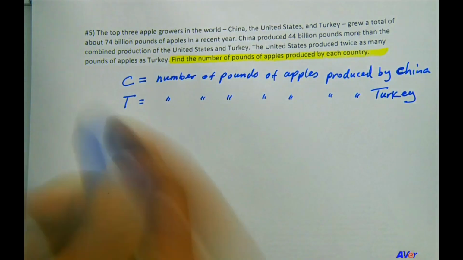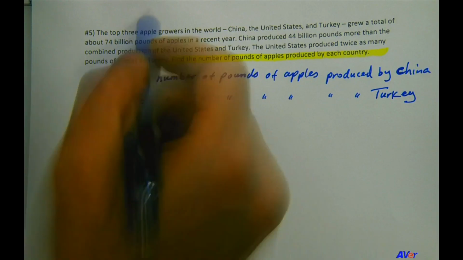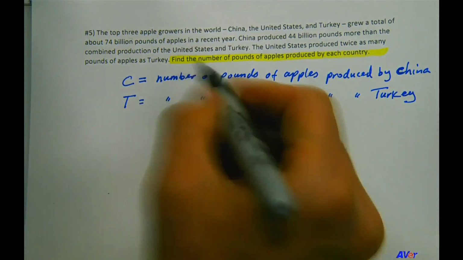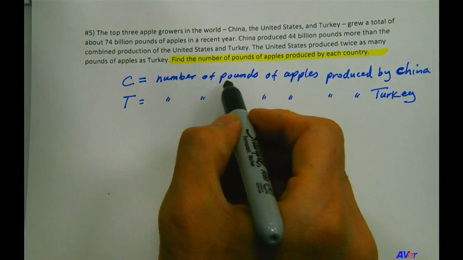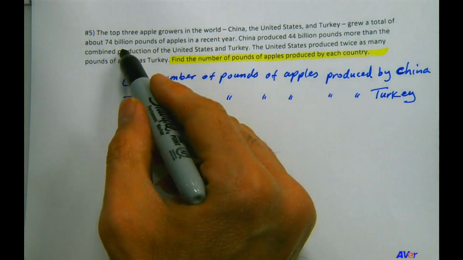So I should have actually written down billions of pounds of apples, right? Because that's the unit the problem is using. So if you don't mind, let me use my thick marker here to correct that. That's number of pounds, but we want to use the units that the problem is using.